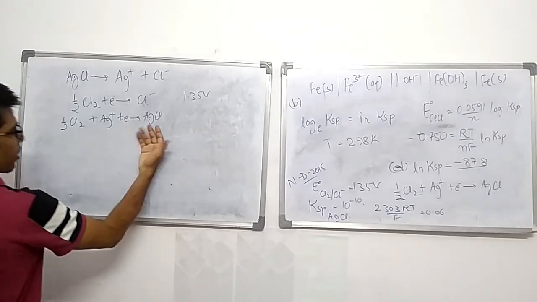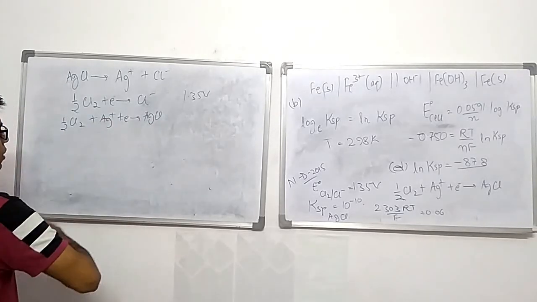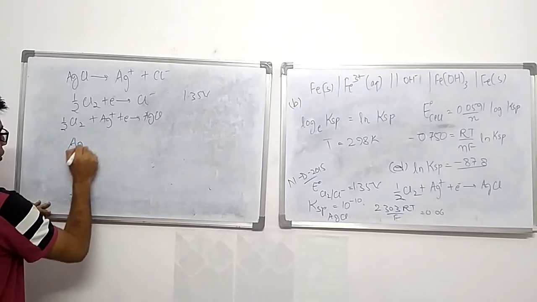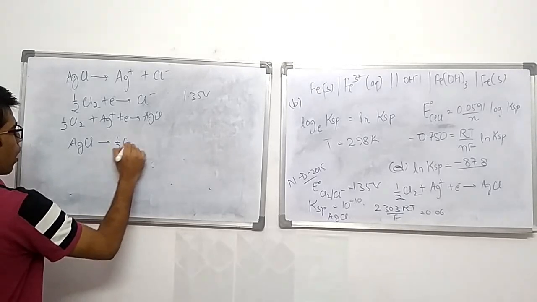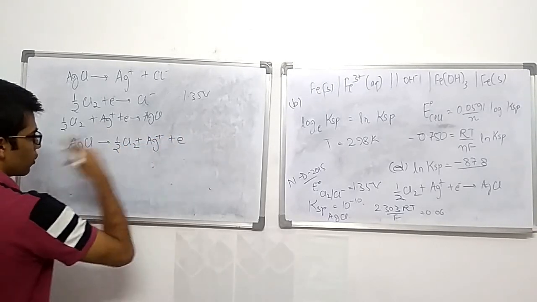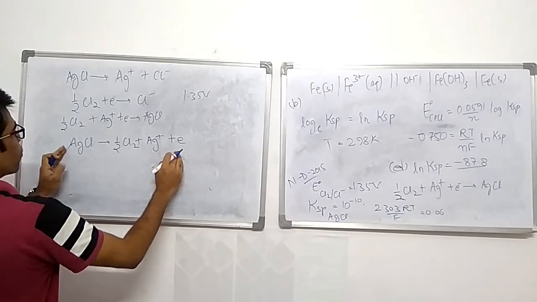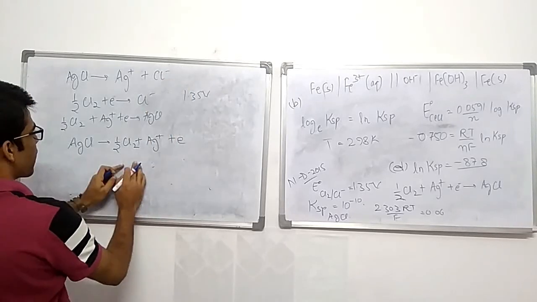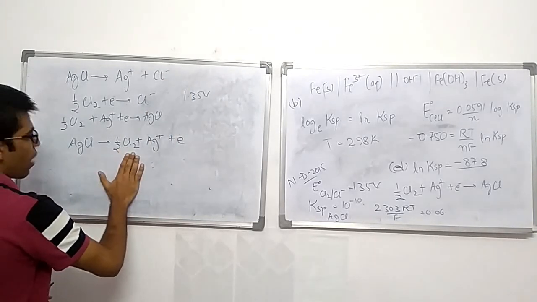That means here AgCl is on the left side. On the right side, I will just inverse it. So I would get AgCl gives half Cl2 plus Ag plus electron. Right? Now from this I have to arrive at this. This has an extra thing. What is that extra thing? Half Cl2. I don't need half Cl2.